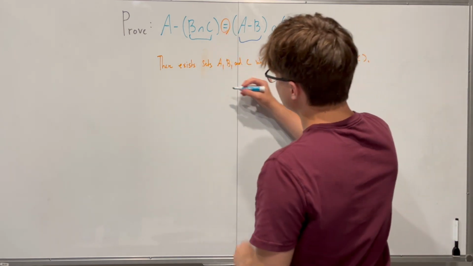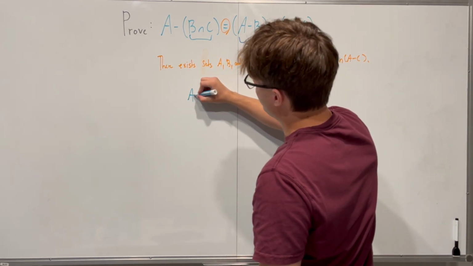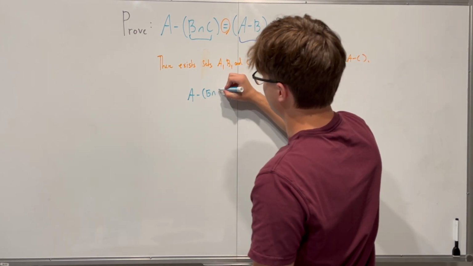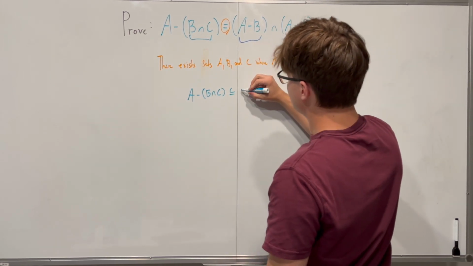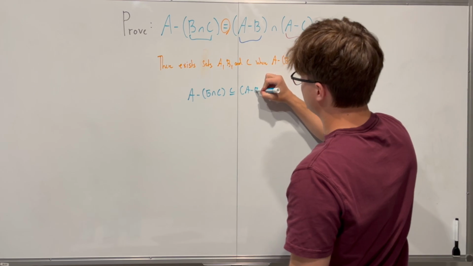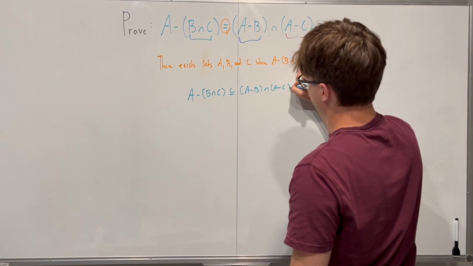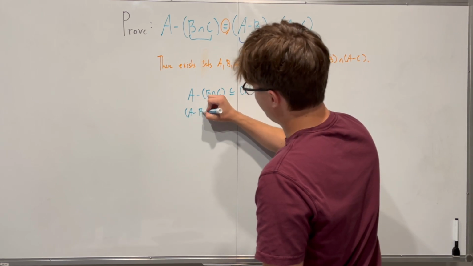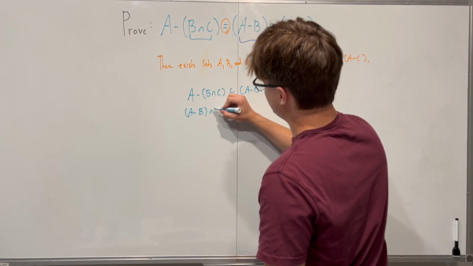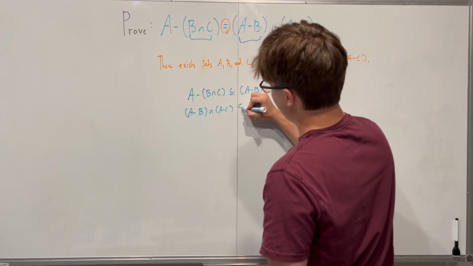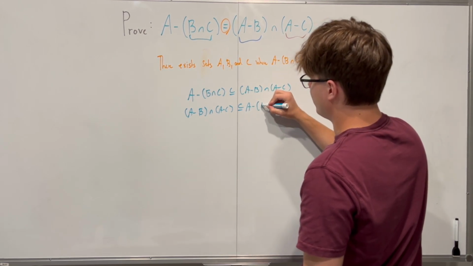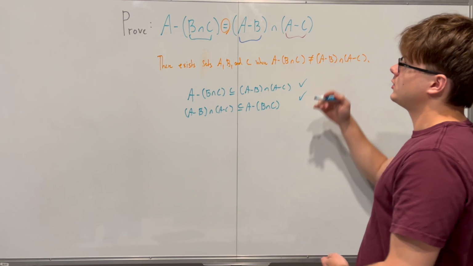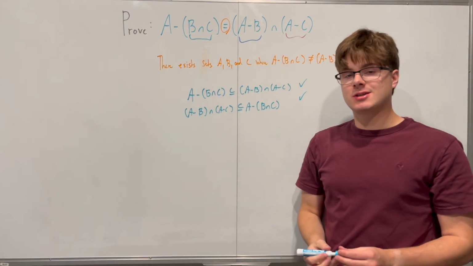So originally, if this was true, it would mean that A minus (B intersect with C) is a subset of the right-hand side, A minus B intersect with A minus C. And similarly, at the same time, A minus B intersect with A minus C is a subset of A minus (B intersect with C).